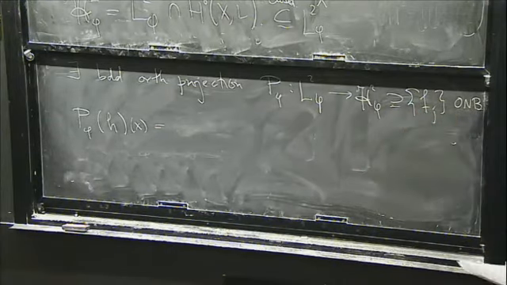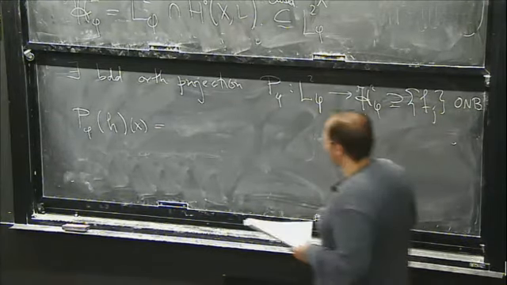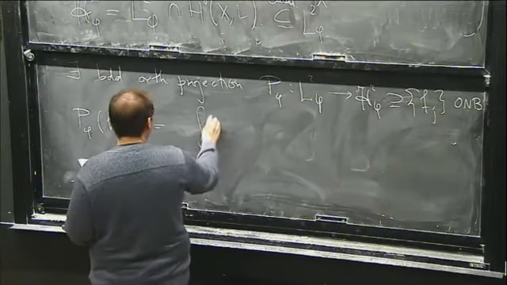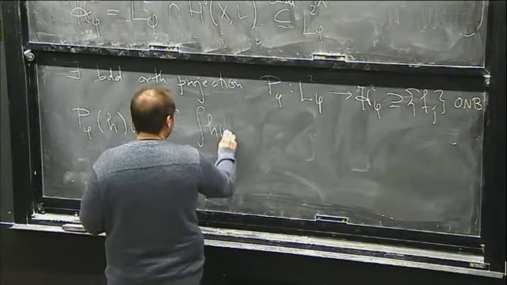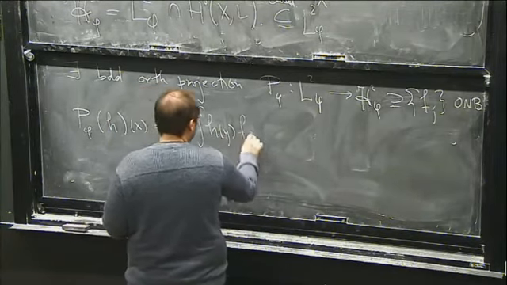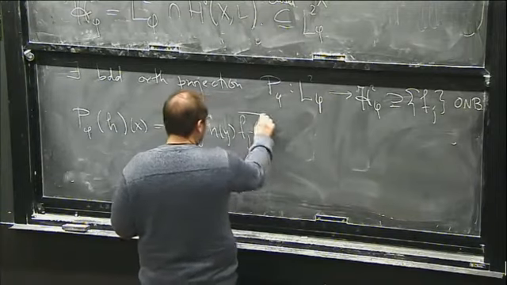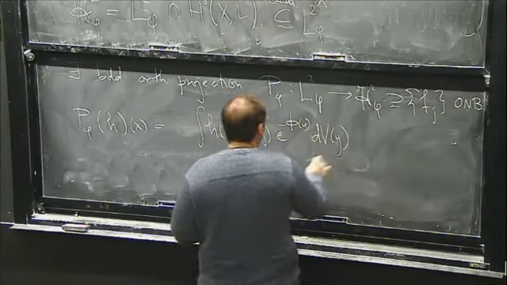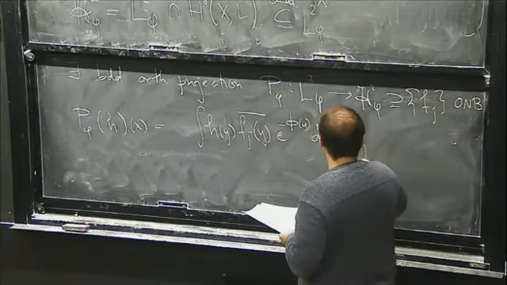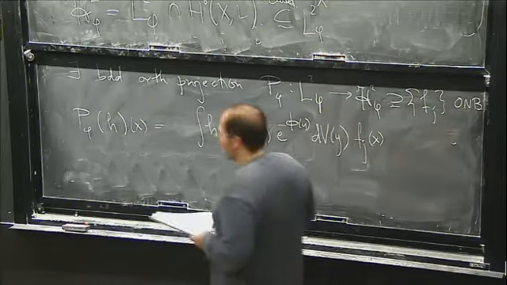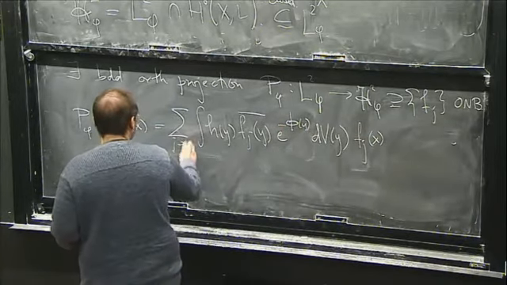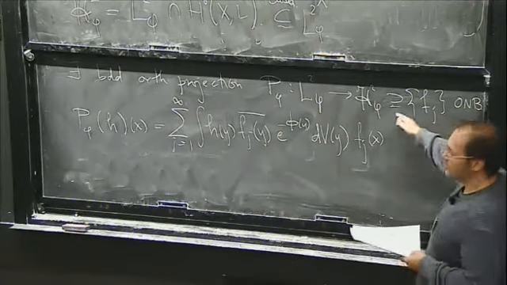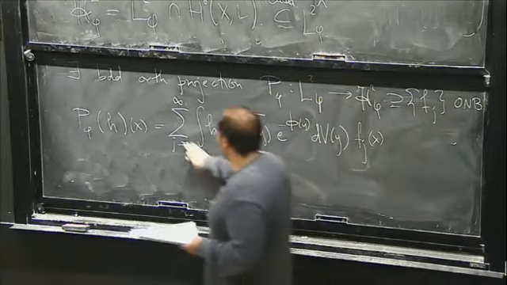Then you take your h and you project it onto each basis element: the integral of h of y, f j of y bar, e to the minus phi of y, dv of y. That's the component of h in the direction f j of x. And then you sum over all the j's. This could be a finite sum if X is compact, since then these spaces are finite dimensional. But let's just write it as a sum over j.